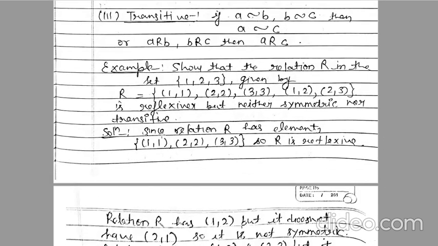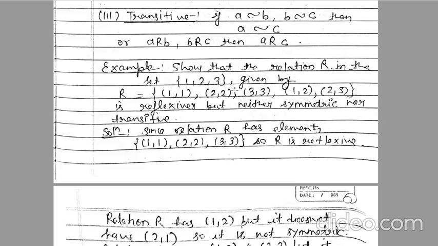So first check: relation R has the elements (1,1), (2,2), (3,3). (1,1) means 1 is related to 1, so 1 satisfies the reflexive property. 2 is related to 2, so 2 satisfies it, and 3 is related to 3, so 3 satisfies it. That means all three elements of the set {1, 2, 3} satisfy the reflexive property. Then we can say that the relation is reflexive.